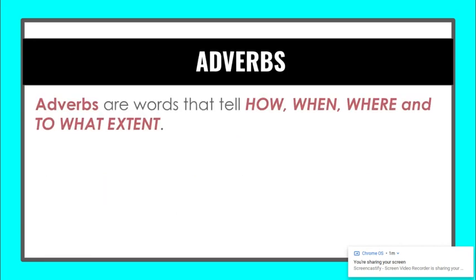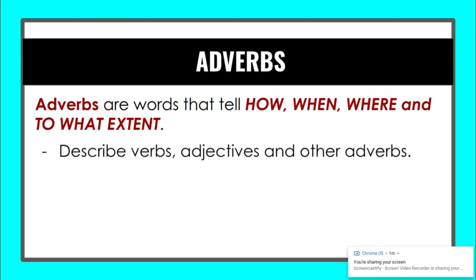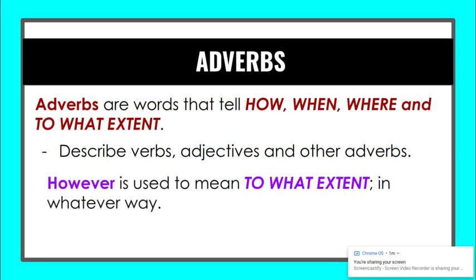So adverbs, which we've discussed very heavily this school year, are words that tell how, when, where, and to what extent. They describe verbs, adjectives, and also other adverbs. So you can have two adverbs in a sentence right next to each other. However is used to mean to what extent or in whatever way.